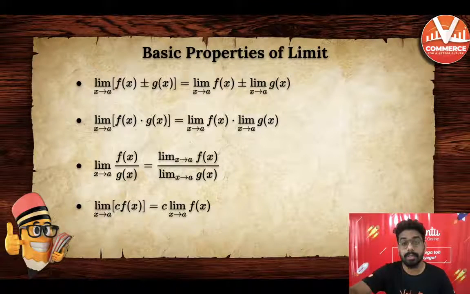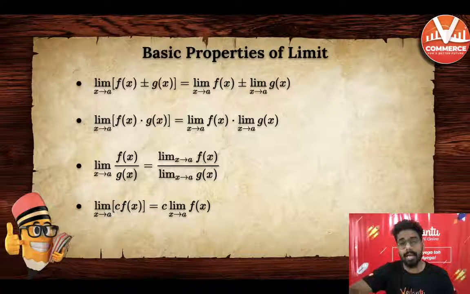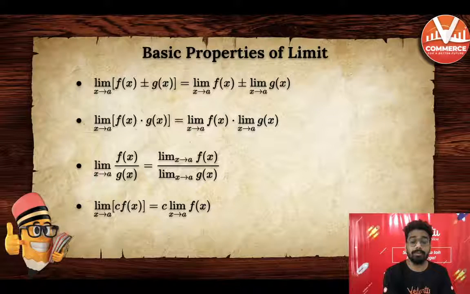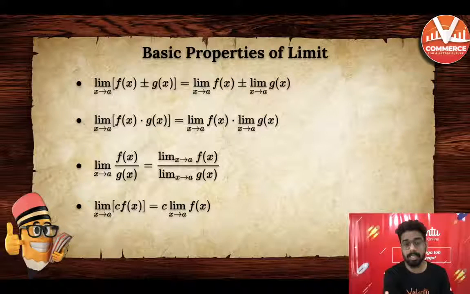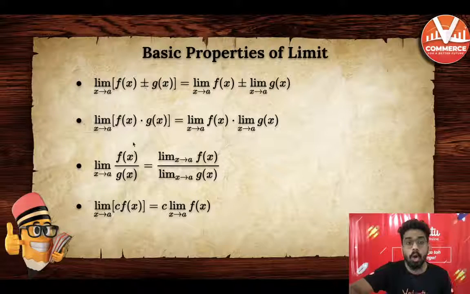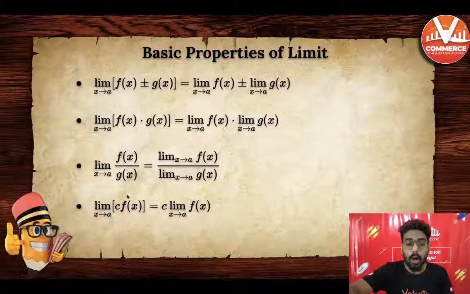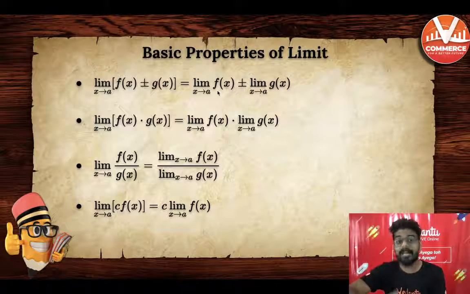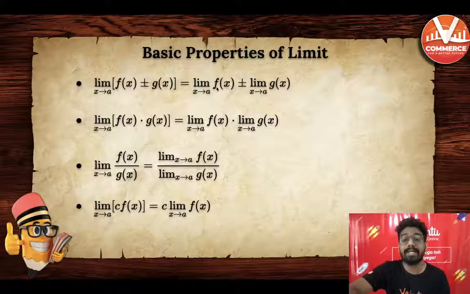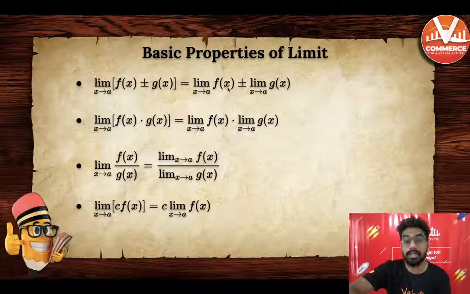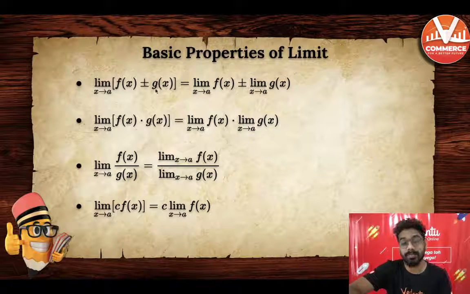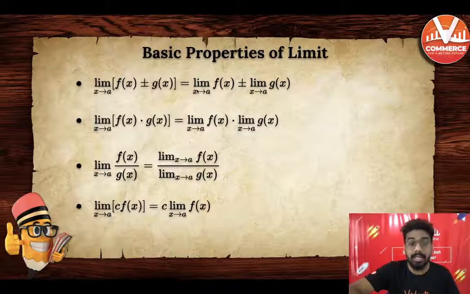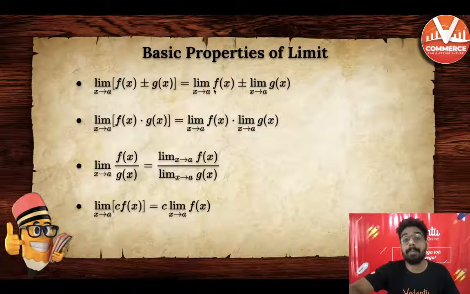Now, how exactly will we apply the limit? The very first thing is, if two functions are in addition, subtraction, multiplication or division, or in multiplication with a constant number, we can separately solve them, but the condition is the limit should exist individually. That means if the limit of the function f(x) does not exist individually, we will not separate it.